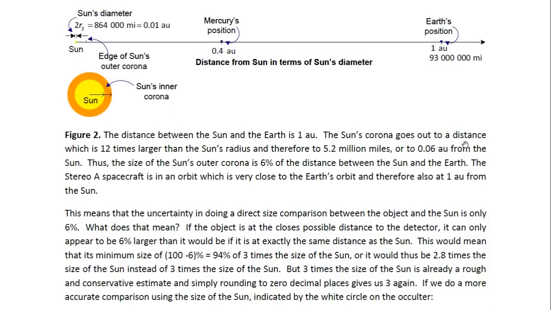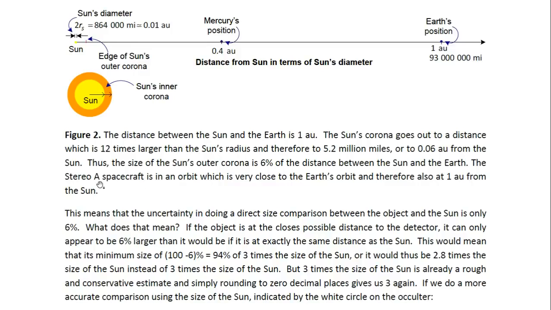So the Sun's outer corona, the radius or the distance between the Sun and its outer edge, is about 12 times the radius of the Sun. So that's 5.2 million miles, which is about 0.06 AU from the Sun. Now, 0.06 AU is 6% of the total distance between the Sun and the Earth.